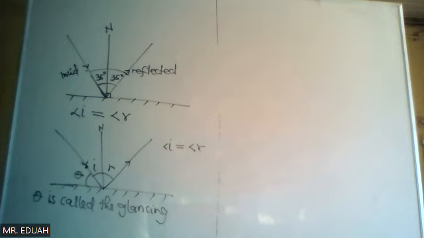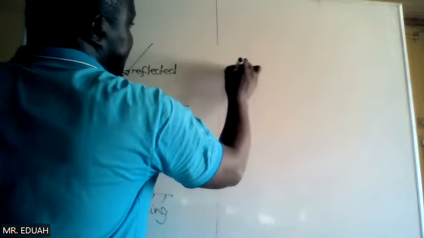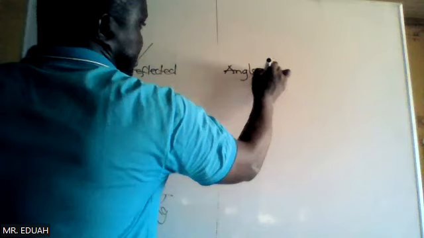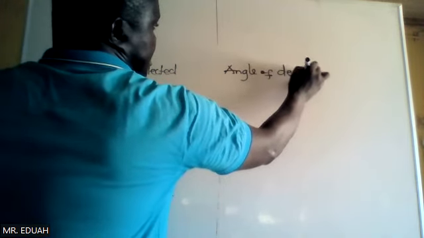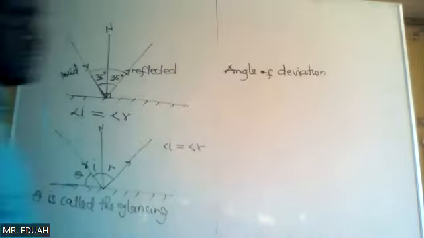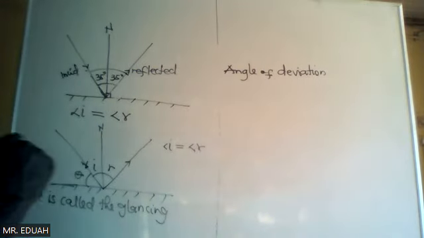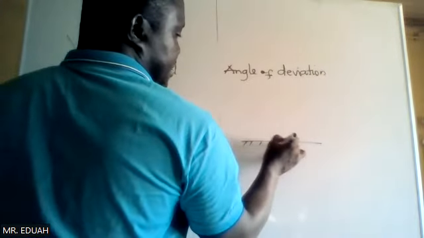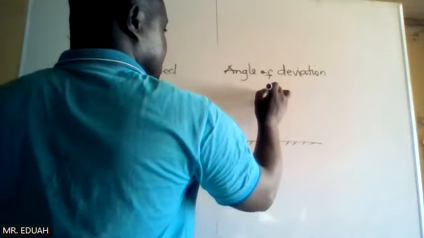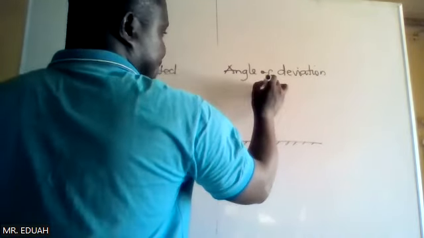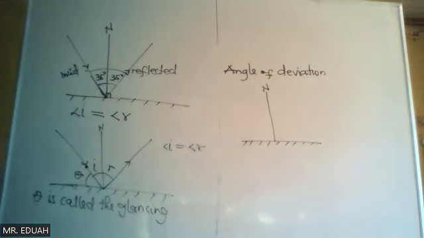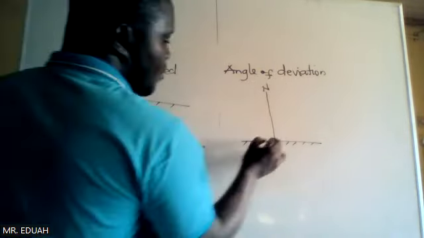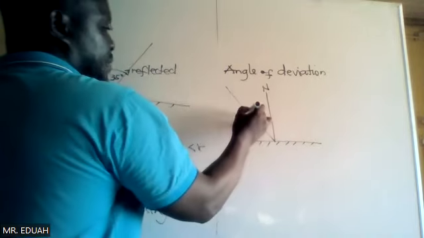Now, the next angle we'll talk about is the angle of deviation. The glancing angle is the angle between the mirror and the incident ray. This is the normal. The normal is always perpendicular to the surface. This is the incident ray.